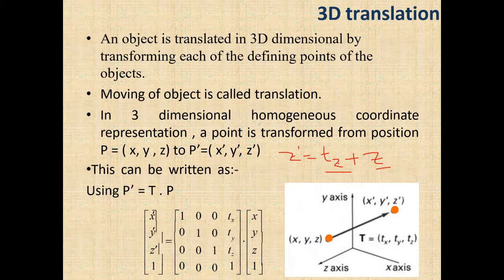That is translation. Everything else remains the same: x plus tx, y plus ty, and z plus tz. If you multiply this and calculate, you will see that whatever I have written is just the same thing.